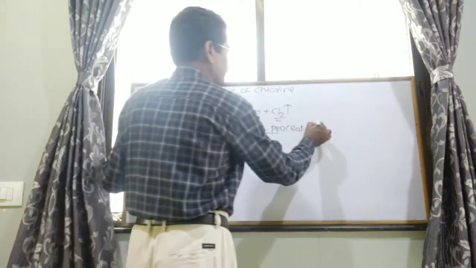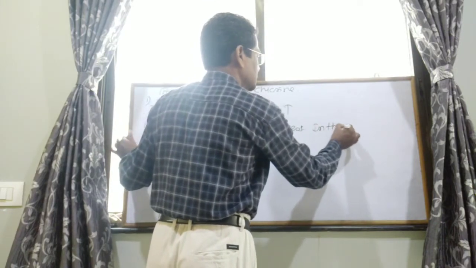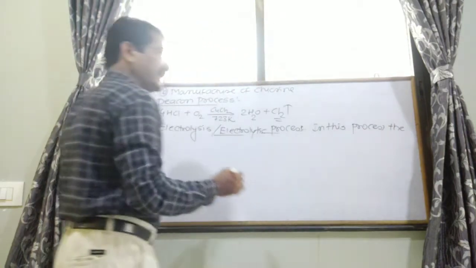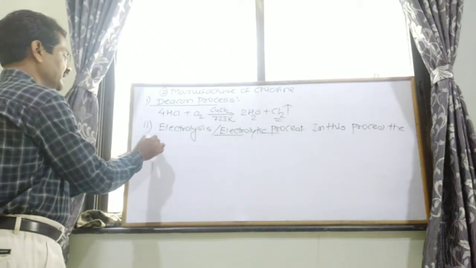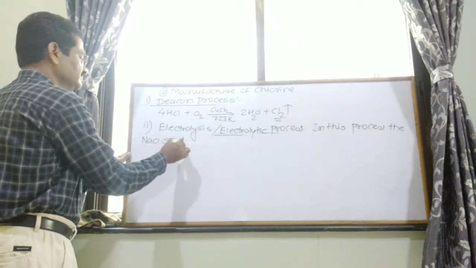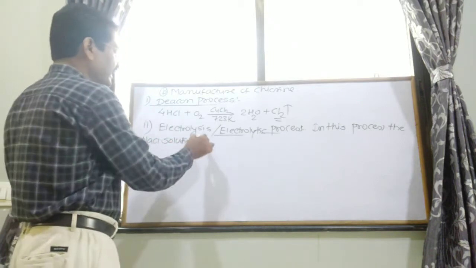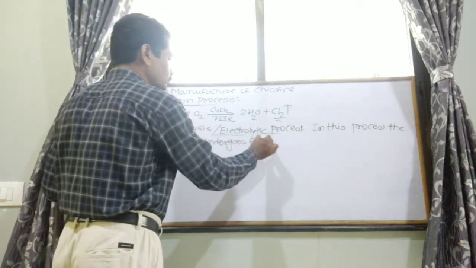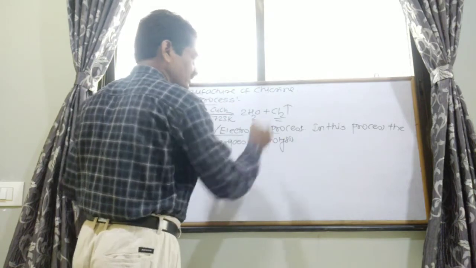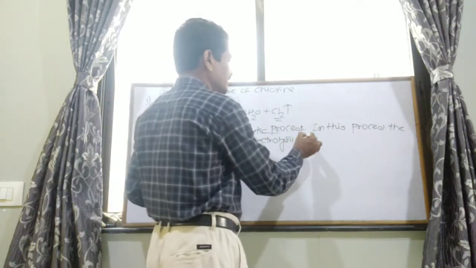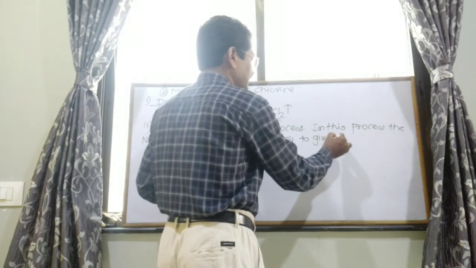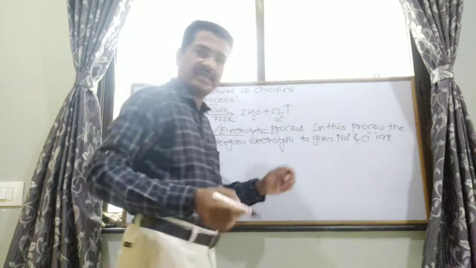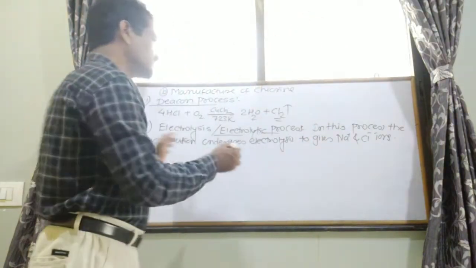In this process, the NaCl solution undergoes electrolysis to give Na plus and Cl minus ions.